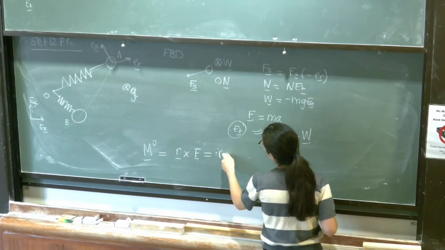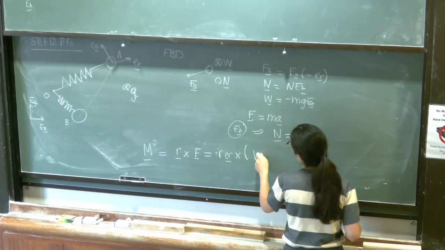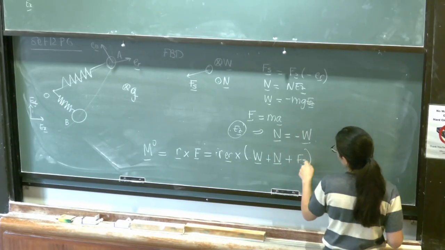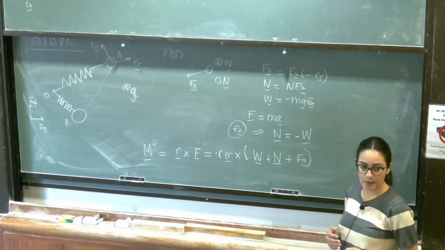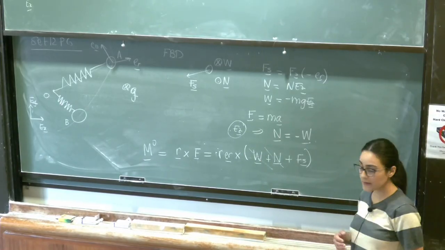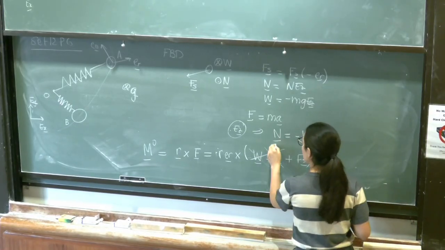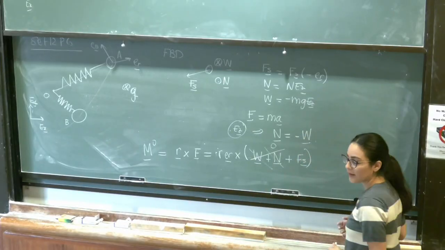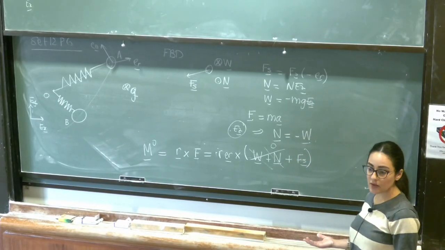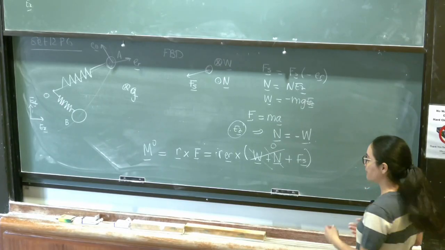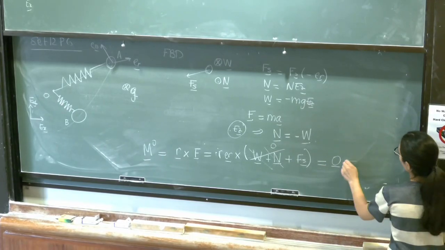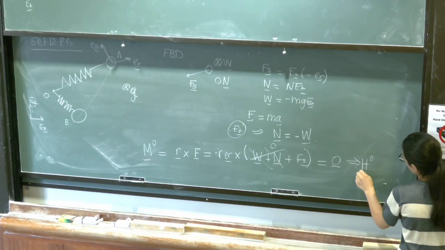Which is r ER crossed with the weight plus the normal plus the spring force. Now we know that the weight plus the normal is equal to what? 0. These are 0. And then this is along ER, and the spring force is along ER, right? So what is their cross product going to be? 0. So again, in this problem, HO is conserved.